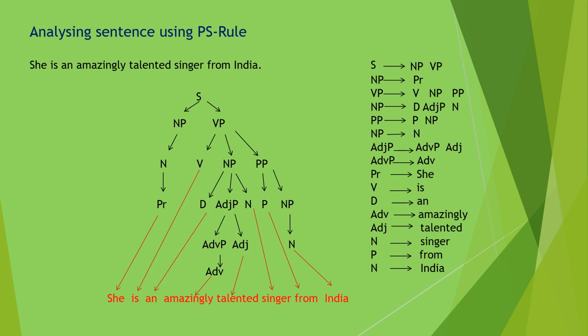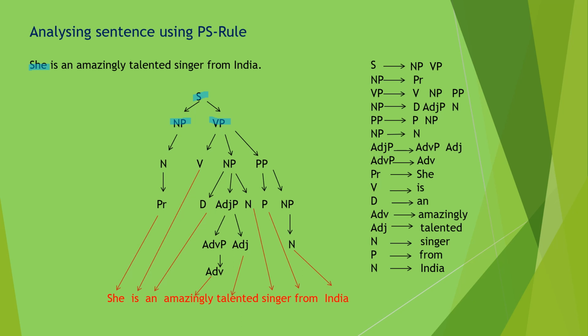Here we have the tree diagram for the sentence, she is an amazingly talented singer from India. In a tree diagram, first you write S. S represents sentence, and then the sentence is divided into noun phrase and verb phrase. Then we go down, dividing these phrases into their sub-constituents, and the noun phrase here is "she."